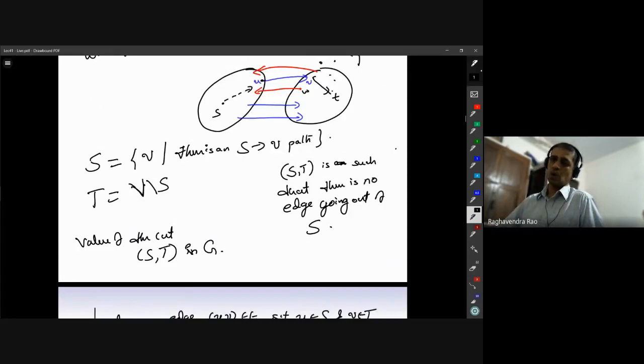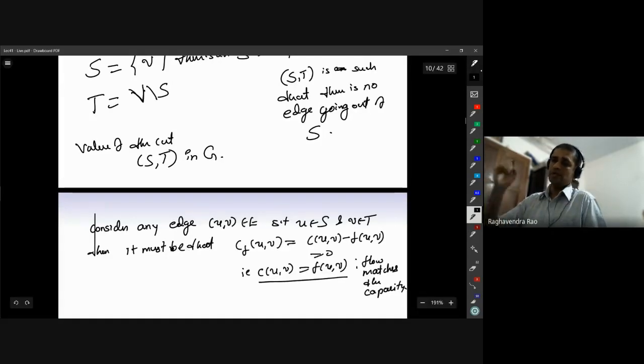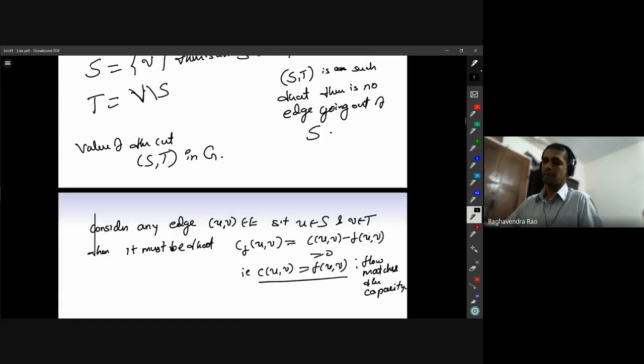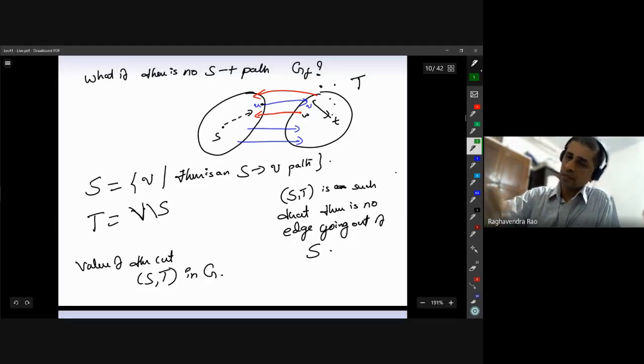Now let's look at reverse edges. Remember that we must be having C of UV is 0, right? But C of UV could also have come from a reverse edge. So if I take a pair where there was no edge, there was a reverse edge. Let's just take this example itself and label this.